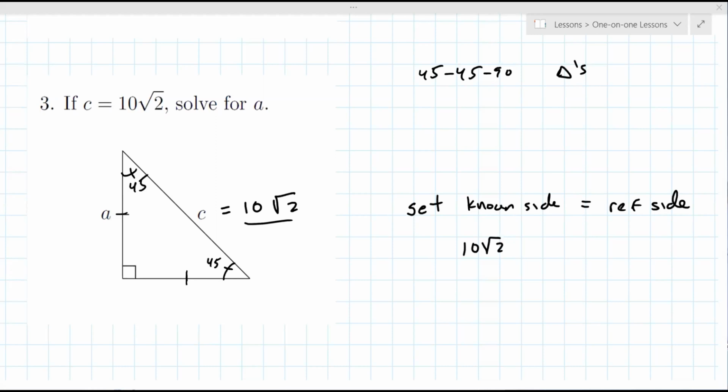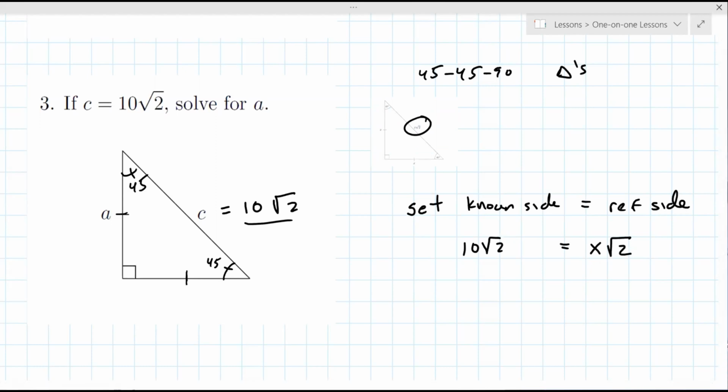I'll grab this for you. So the reference triangle here is going to be x root 2. Do you follow that, where that value came from on the hypotenuse there? Yeah, I think so. Oh, yeah, yeah.